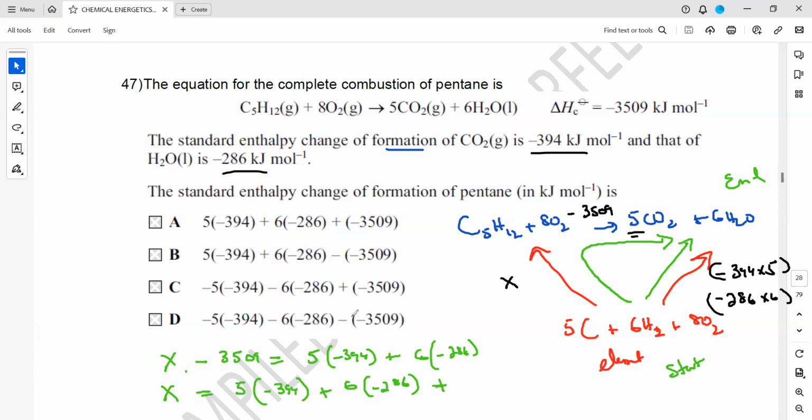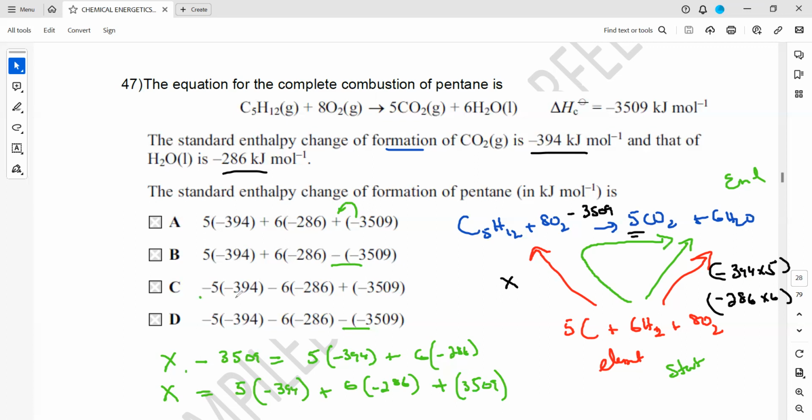Because we completely change the sign, it will be 3509. So we check which option it matches with, because this will be minus minus plus, this also minus minus plus. So 5 into 394 and 6 into 286. But 3509 should be positive, so 3509 here will become negative.